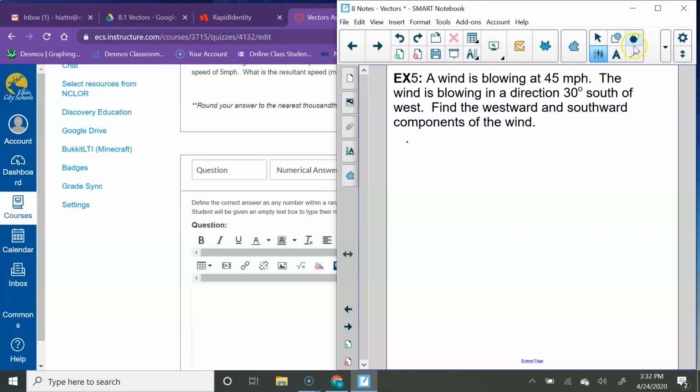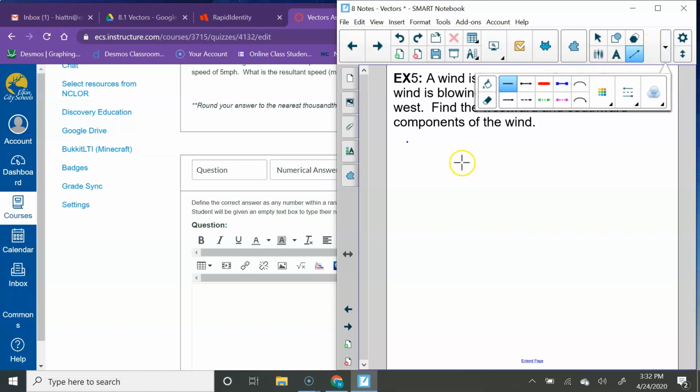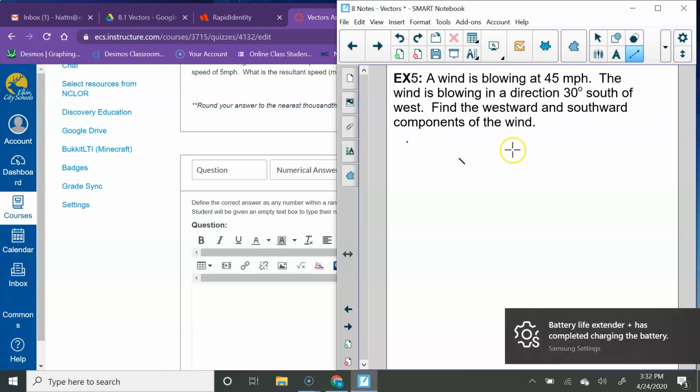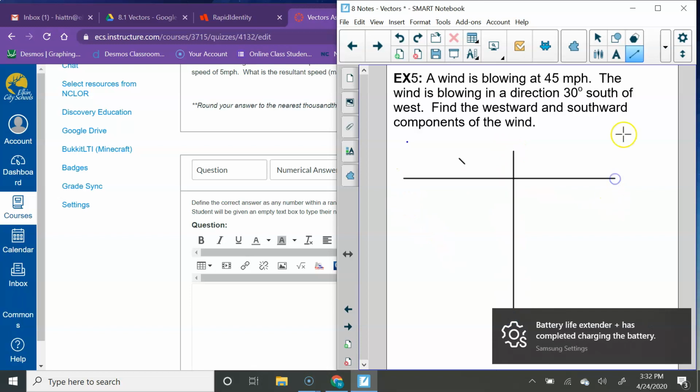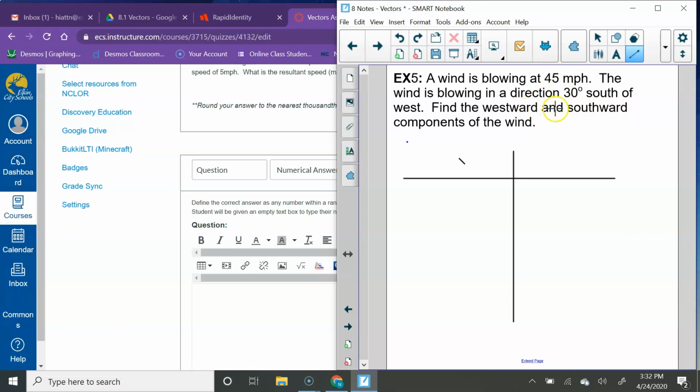So, in this case, I'm just going to go ahead and draw the axes in. We are south and west, so the wind is blowing 45 miles per hour in a direction 30 degrees south of west. So right here is west, right here is south.